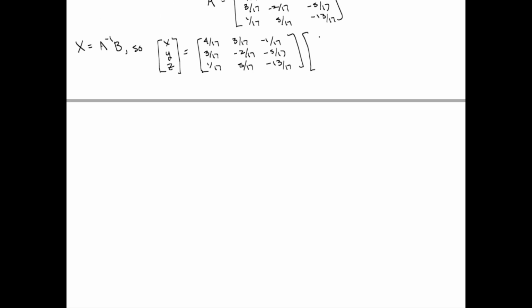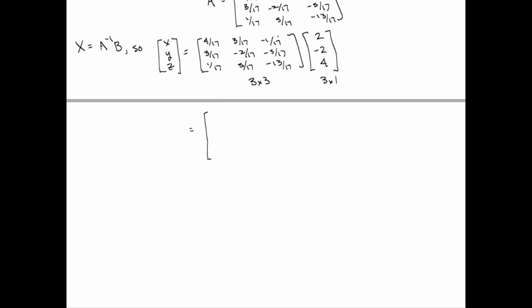Two, -2, and 4. And so if we check our sizes, notice here we've got a 3 by 3, here we've got a 3 by 1, and so of course we will have a 3 by 1 column matrix.